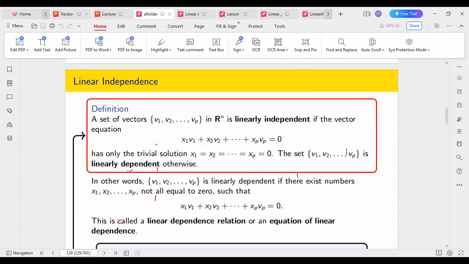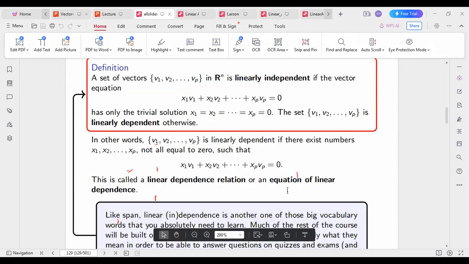Then the set of vectors is called linearly independent. In other words, the set is linearly dependent if there exist scalars x1, x2, up to xp, not all equal to 0, such that this linear combination equals 0.